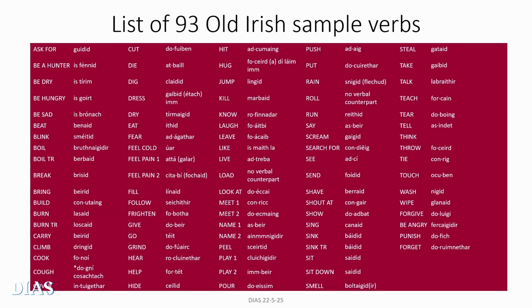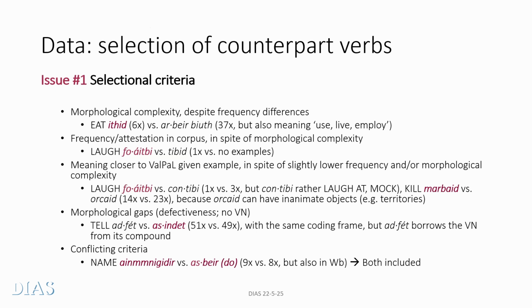I'll just mention a few of the issues that emerged in collecting the data. For example, for the meaning eat, ithid was chosen against, for example, airbir, although airbir is more frequent, but it also has other meanings. And as I said, ithid is a simple verb. For laugh, a compound verb was chosen, which is attested in the corpus, as against the simple verb.